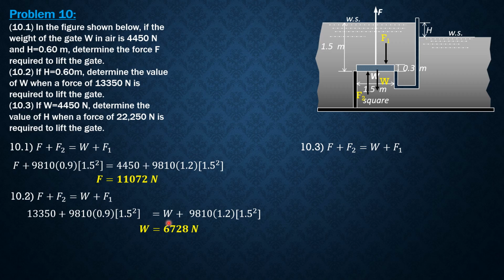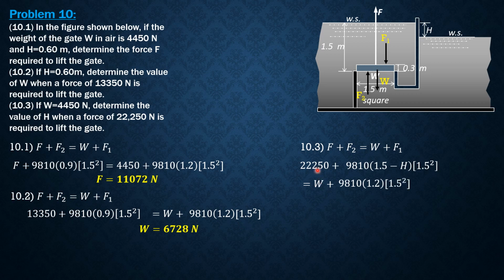Then equals 4450 plus 9810 times 1.2 times 1.5 squared, which is always the same. So 22,250 plus F2, which is 9810 times quantity 1.5 minus big H times 1.5 squared, equals W, 4450, plus 9810 times 1.2 times 1.5 squared.